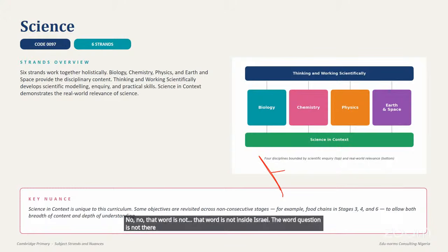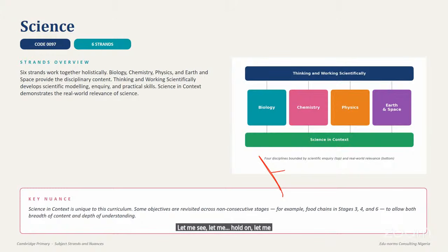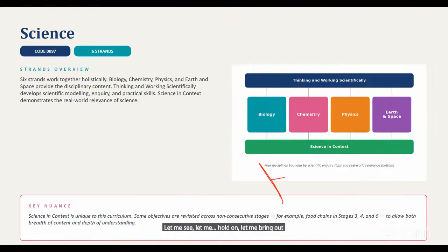Let me hold on, let me bring out a document from CAIE themselves. A brochure. Okay, good, beautiful. I've got it here, so I will share it with us on the WhatsApp platform.